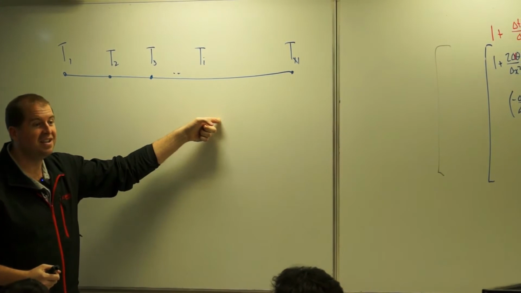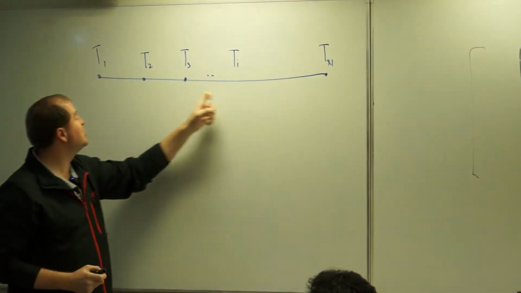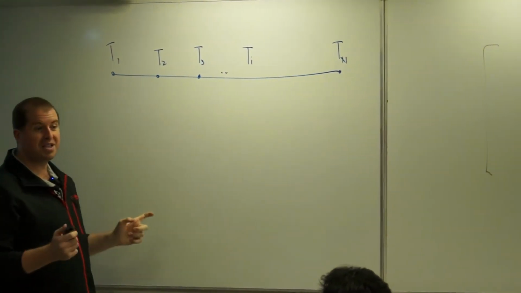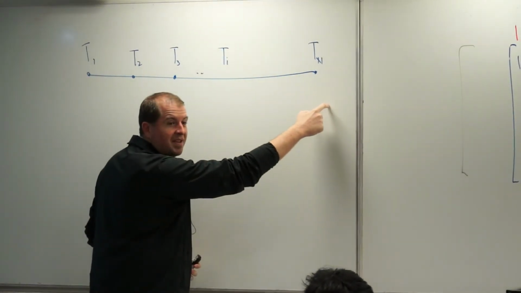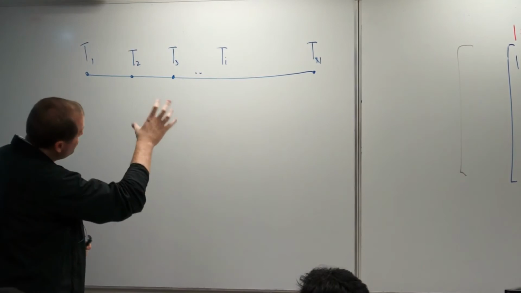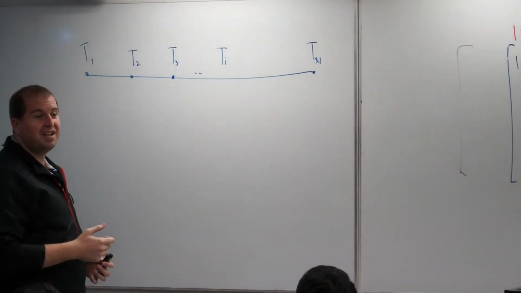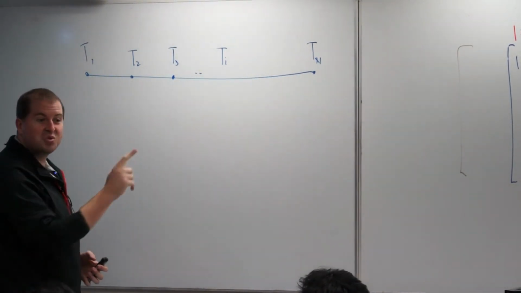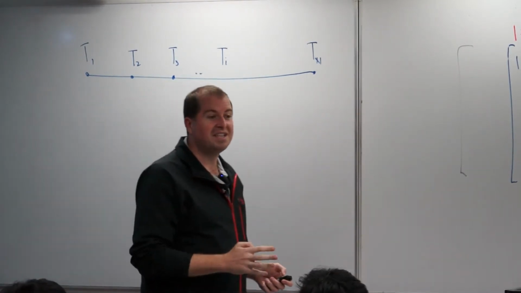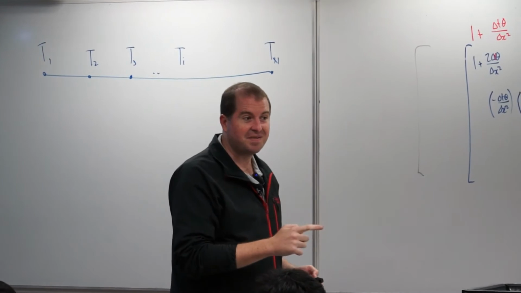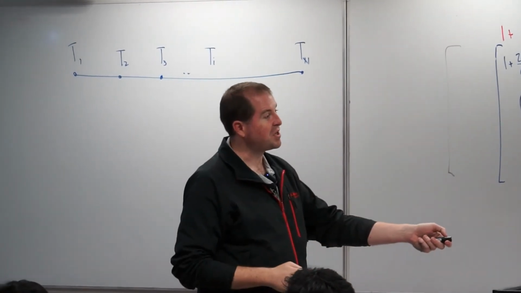So if the temperature here is 10 and the temperature here is 1, the solution must be the same as if the temperature here is 10 and the temperature here is 1. Because if you turn it around and look from another angle, the direction changes, but the solution doesn't change. So the solution has to be insensitive to your coordinate selection. That's why this matrix has to be symmetric.